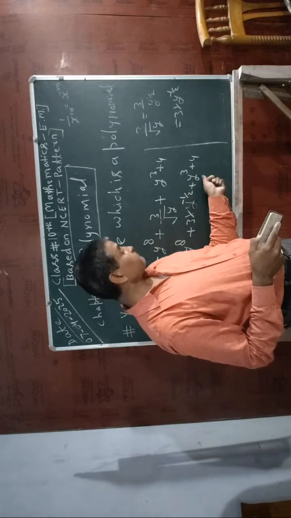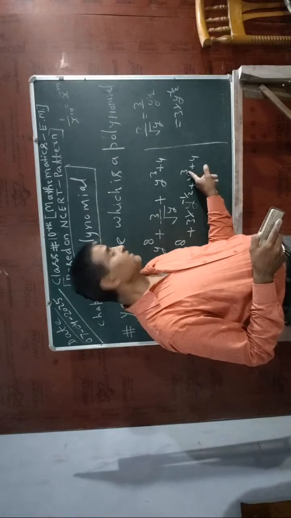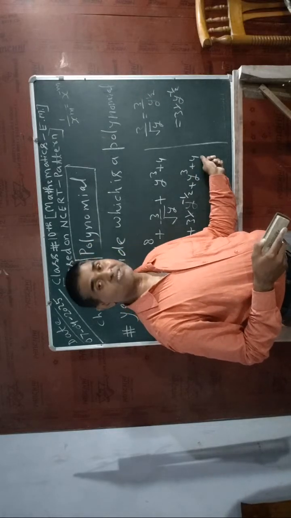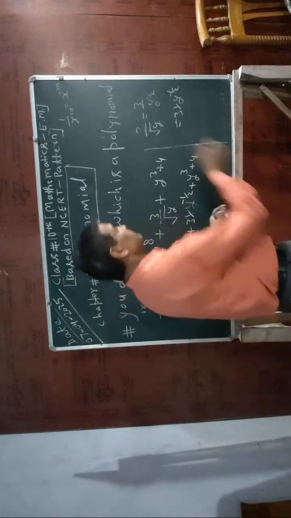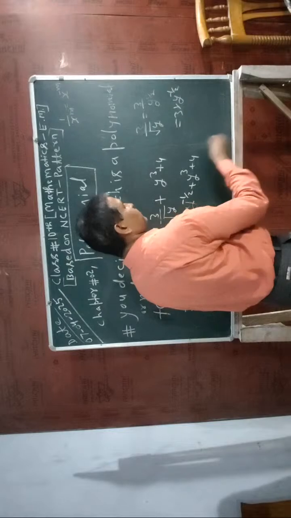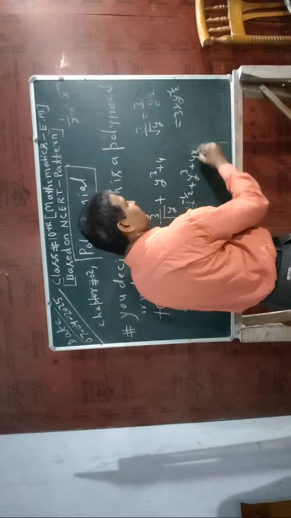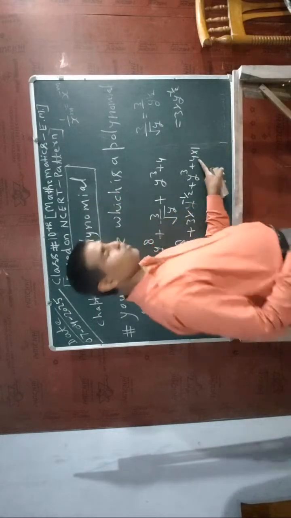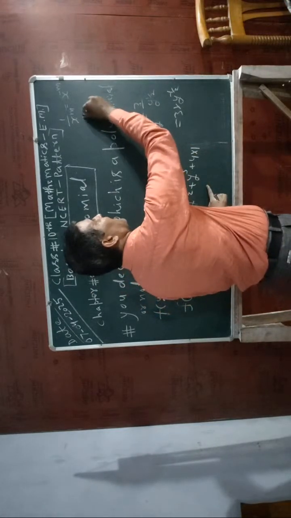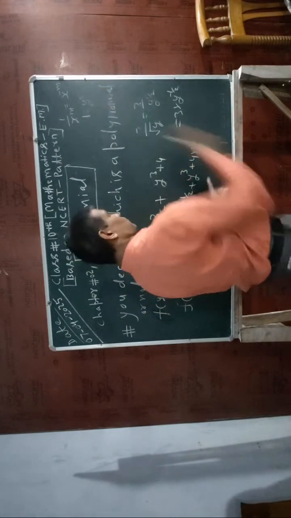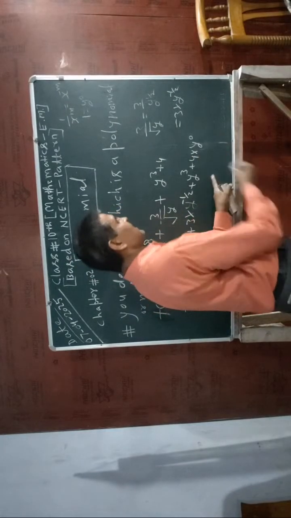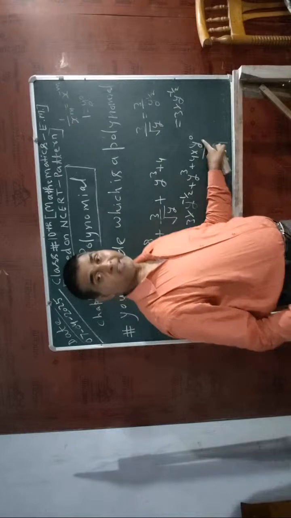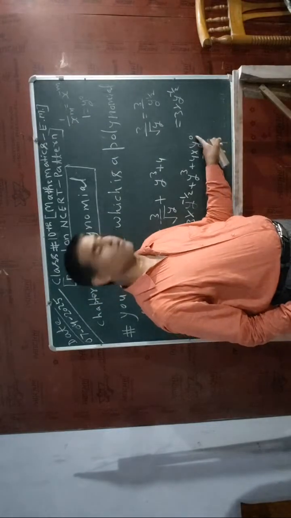Now this variable has power 3, but this is a constant, and this constant has power 0, because in the place of 4 I can write 4 into 1, and in the place of 1 I can write y to the power 0. It means this term has variable y, but it has power 0.